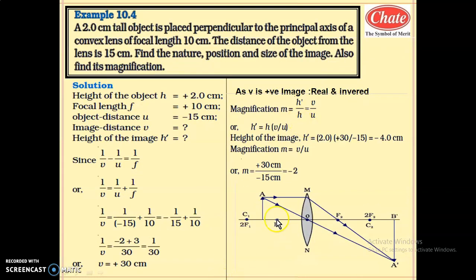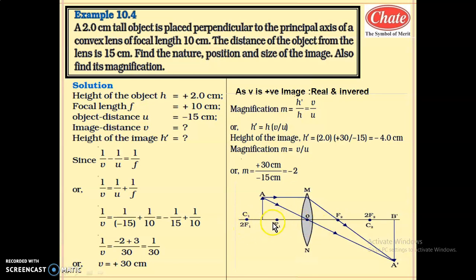This is the ray diagram for this problem, because here the object is in between F1 and 2F1. Why F1 and 2F1? Because here the focal length was given as 10 centimeter. As the focal length is 10 centimeter, this distance will be twice the focal length, 2F1.